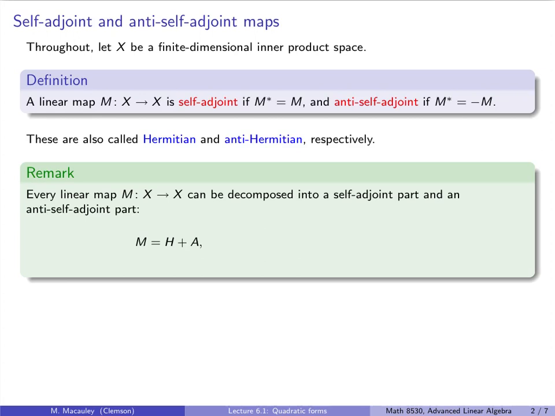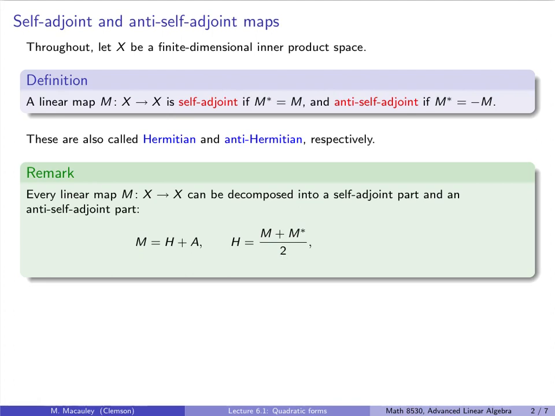Every linear map M can be decomposed into the sum of a self-adjoint map and an anti-self-adjoint map. And I will write that as M equals H plus A. So H for Hermitian and A for anti-Hermitian. Specifically, H is M plus M star over 2.